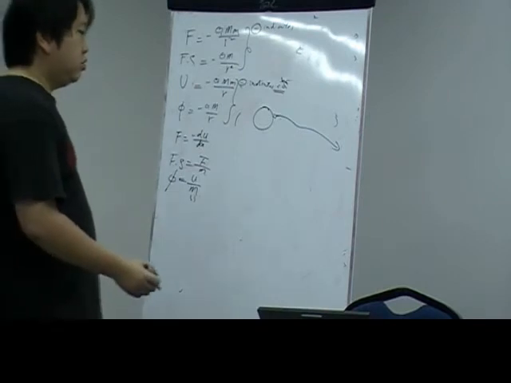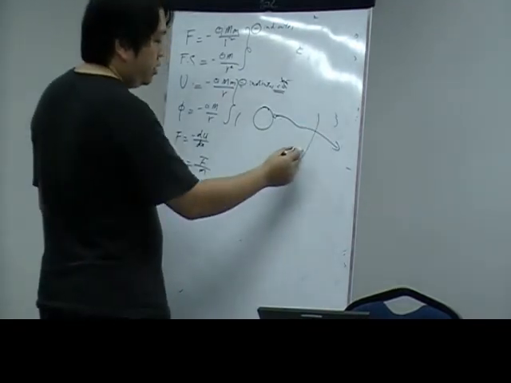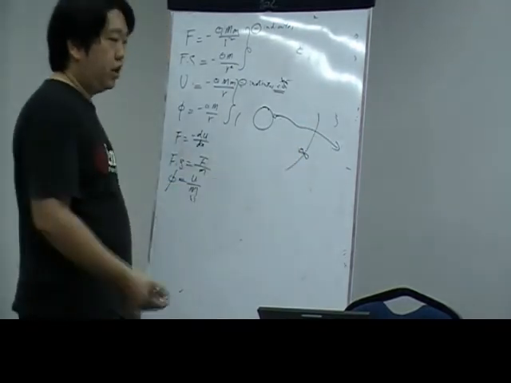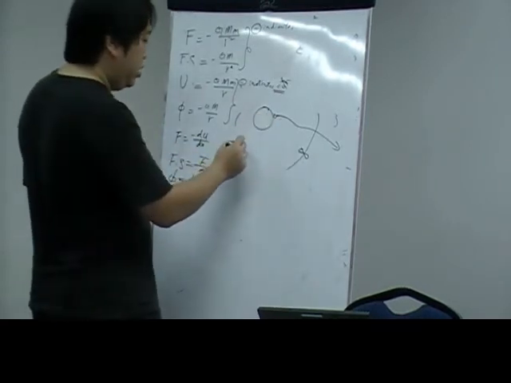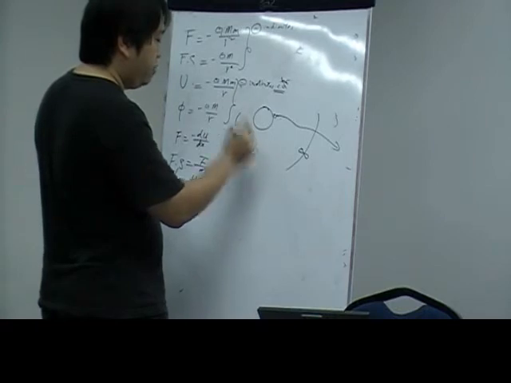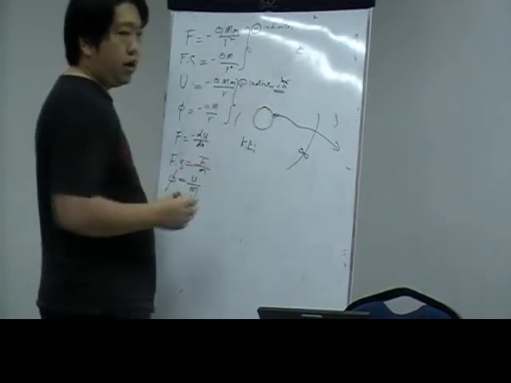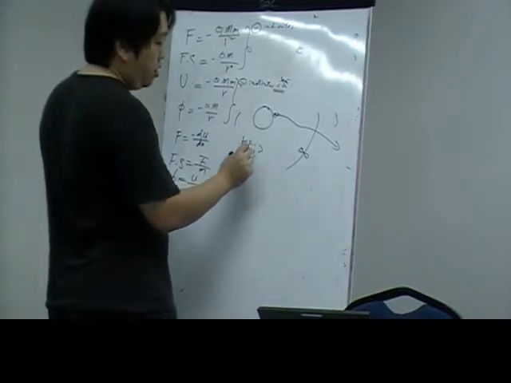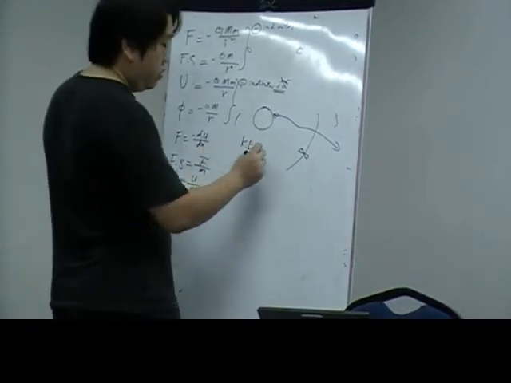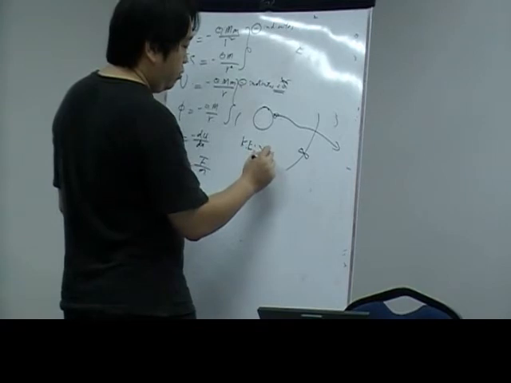Let's say this is infinity, and this is the position where you start. The idea is that the initial kinetic energy I need to have in my rocket or propeller or whatsoever must be enough to overcome the change in potential energy.